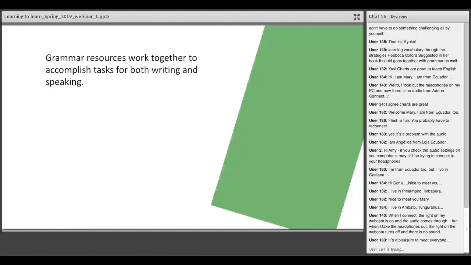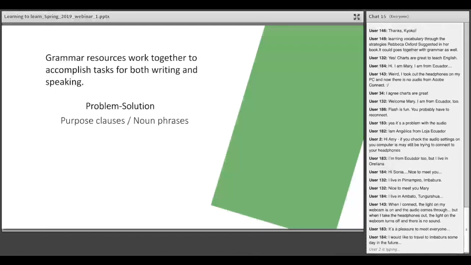We actually use lots of different grammar resources together. And so if we were to think about writing a problem solution paper or essay, we would think, what features go together in that? And in that, we get a lot of noun phrases because we're talking about a problem or presenting a solution. And because we're presenting a solution, we have a lot of purpose clauses, how to do things.